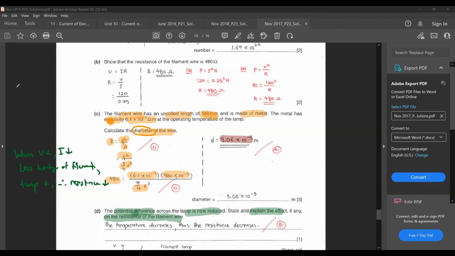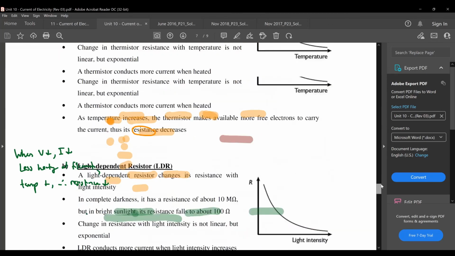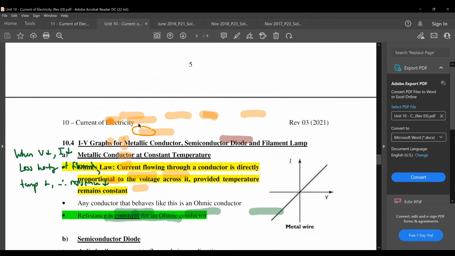drops. Okay, this one is related to this chapter, this part in your current electricity. It's towards the end part. Okay, you are required to know the IV graphs for 3 different types of components: metallic conductor, semiconductor diode, and filament lamp.